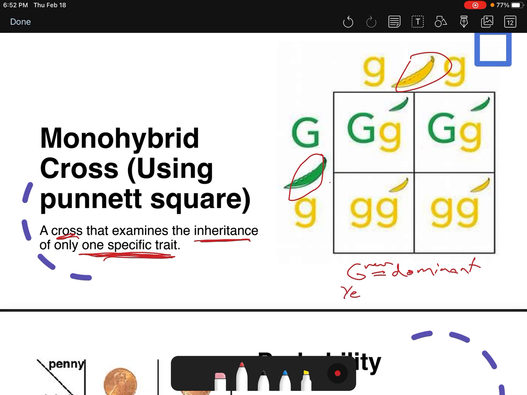And then we also have yellow, which it looks like is going to be recessive. We can tell that just based off the fact that when the big G is present, we get green pea pods and not the yellow. The yellow only shows up when there are two little g's present.